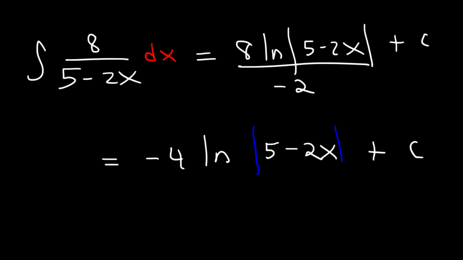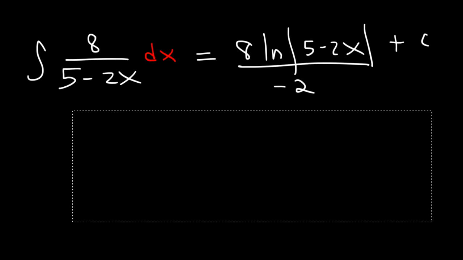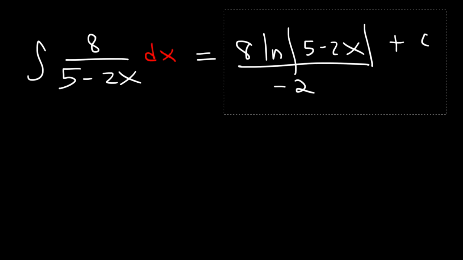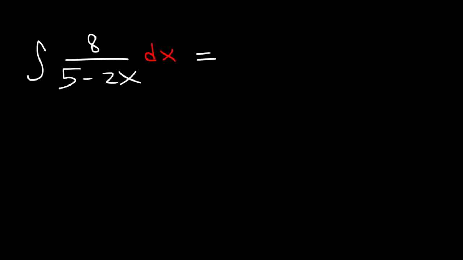Now feel free to pause the video and use u-substitution to prove that this is the answer. Go ahead and try it. So we're going to make u equal to 5 minus 2x.